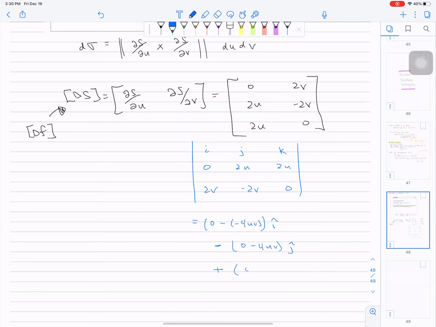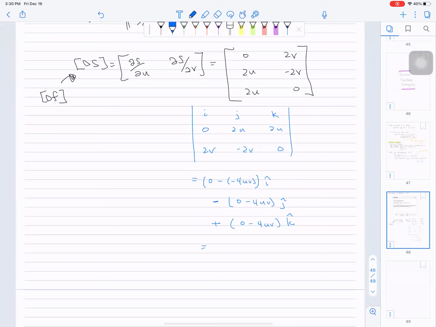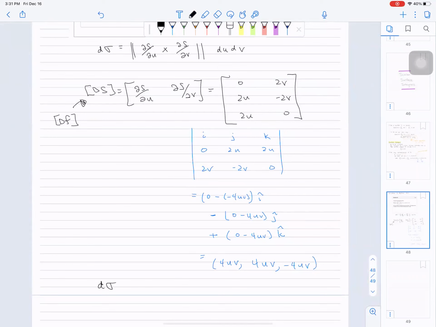Plus 0 minus 4UV, that's the k component. So I get 4UV, 4UV, negative 4UV. I did this through minor expansion using the top row. If you do it the determinant way, you should always do minor expansion through the top row.